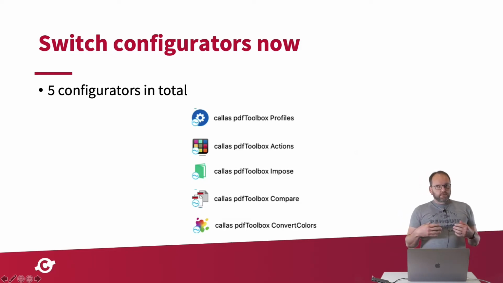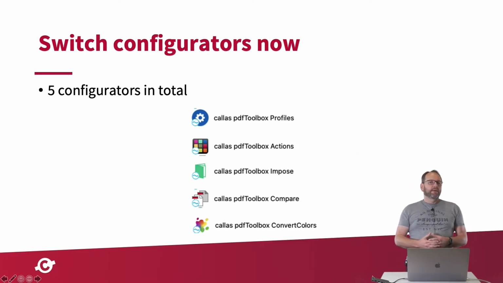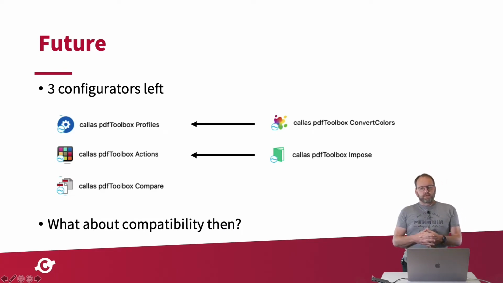When I train people on using pdfToolbox or on Switch or the combination, I already told people for a long time that they should not use convert colors because it uses old technology, and they should do color management related stuff in profiles or process plans. And the plan is to indeed delete, to no longer have this convert colors configurator.